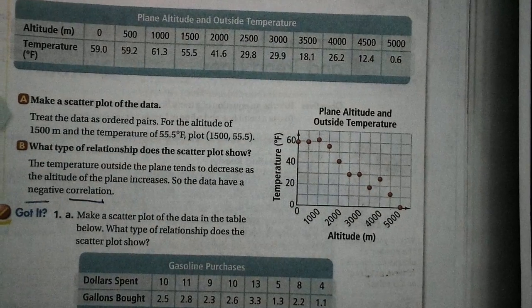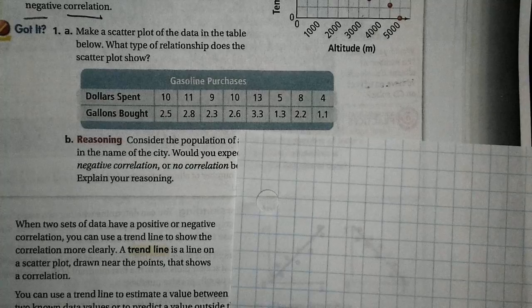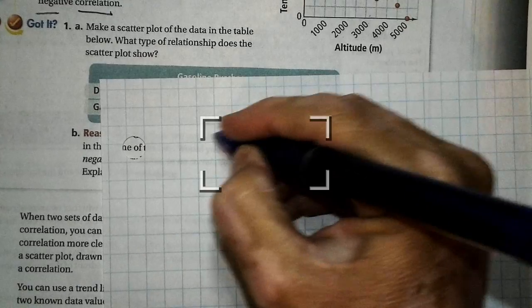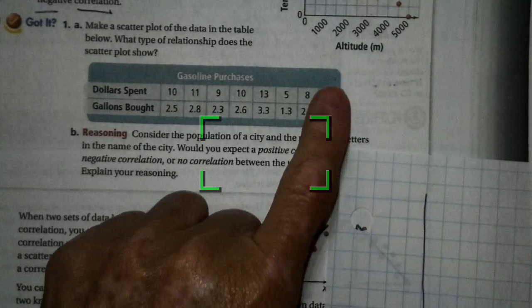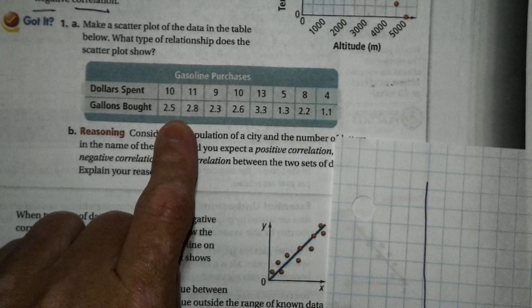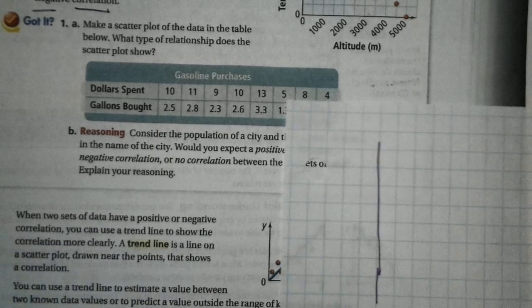All right, so we are going to look at the got it, and you will need some graph paper. It says make a scatter plot of the data. Once again, we only need quadrant 1. As you can see, this is my x's, this is my y. We don't need to go very high.